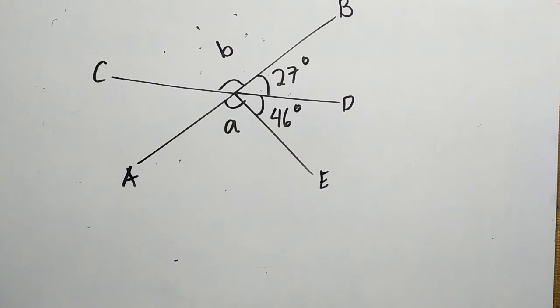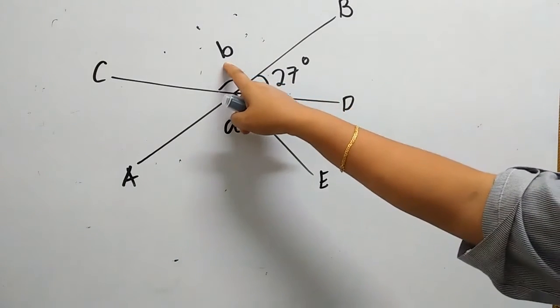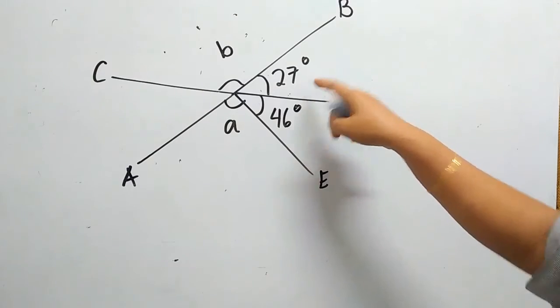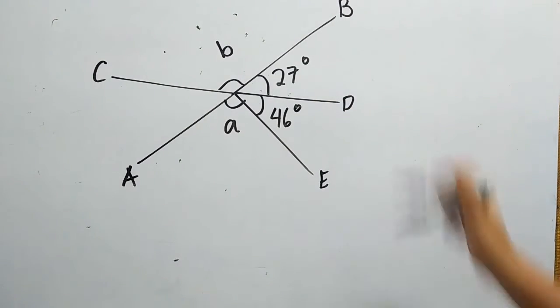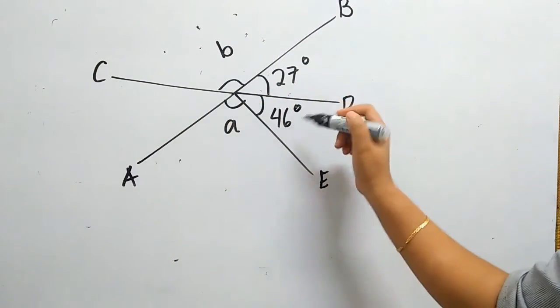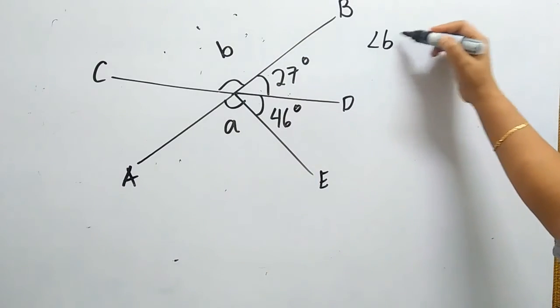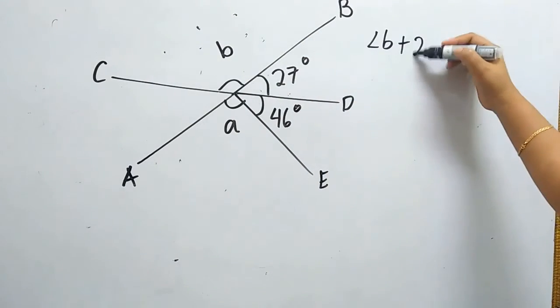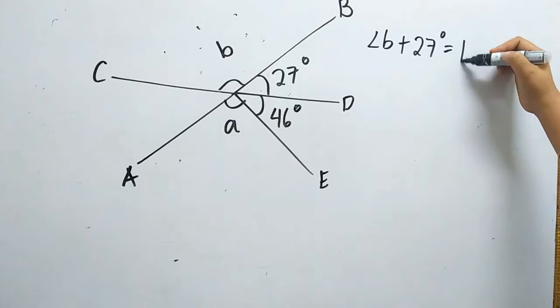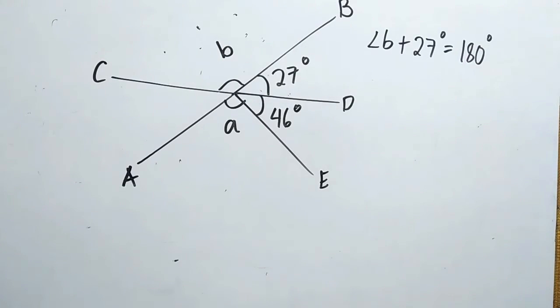What did you notice? Very good. This angle B and 27 degrees are on the straight line. That means angle B plus 27 degrees add up to 180 degrees.